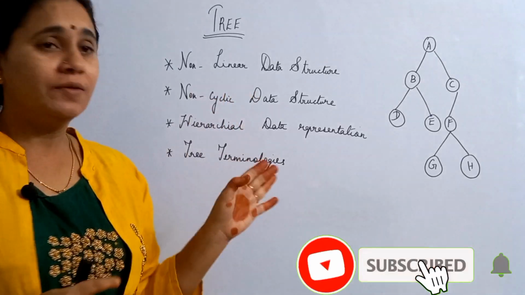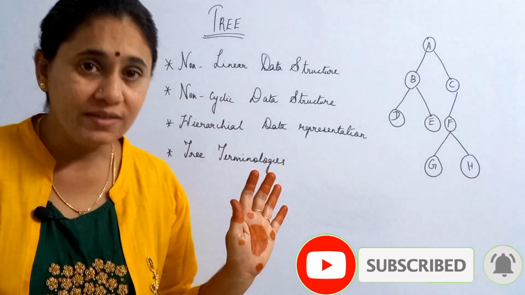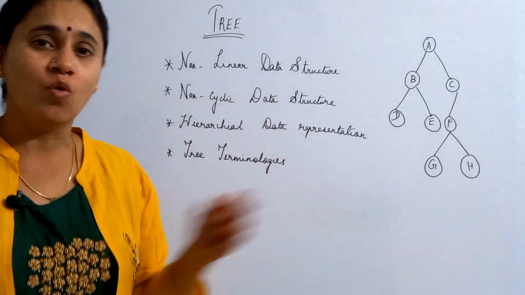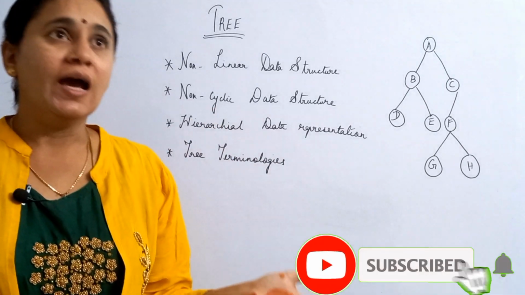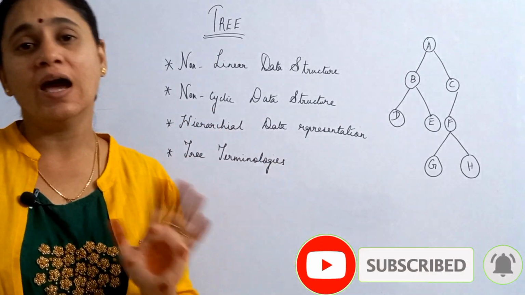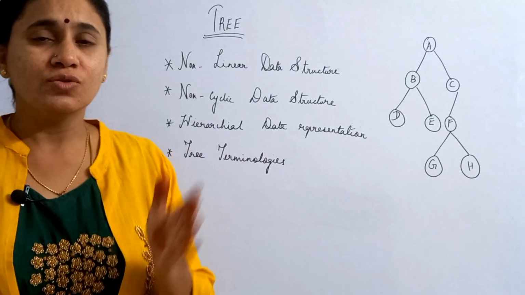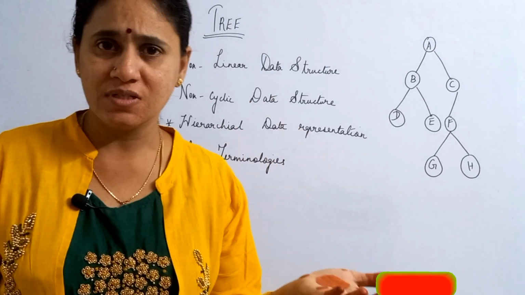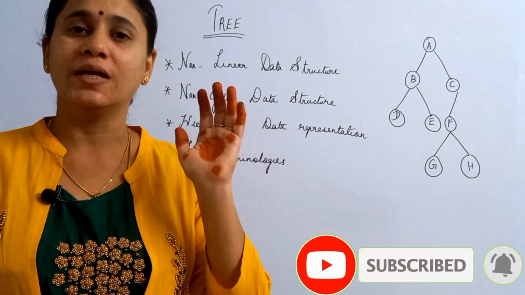Okay, so this is one of the data structures, where we organize the data in tree format. We discussed stacks, queues, linked lists, circular queues and so on. What are all those? Those are all one type of representation of data, where we store the data in memory.